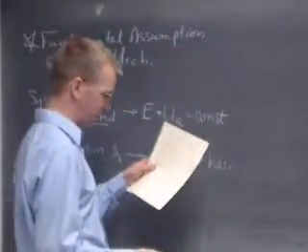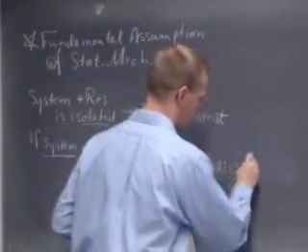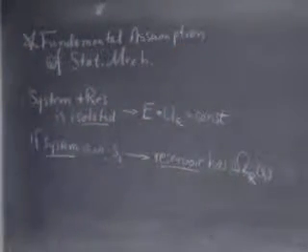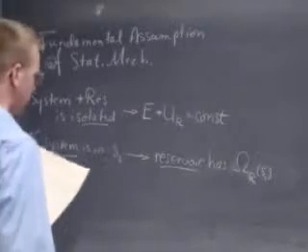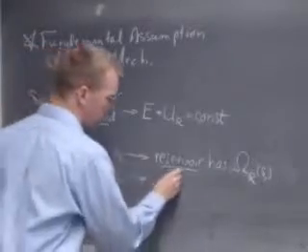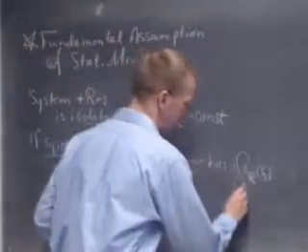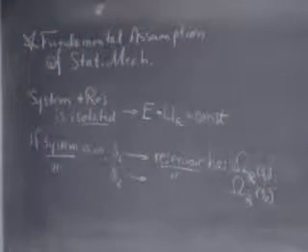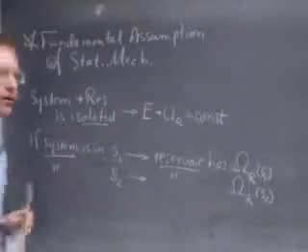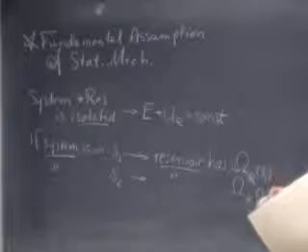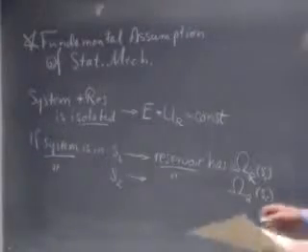So the reservoir has multiplicity omega sub r of S1. And if the system is in microstate S2, the reservoir has multiplicity omega sub r of S2. Good. Now, let's assume, as I did with that hydrogen atom example, that the energy for microstate S2 is greater than the energy for microstate S1.